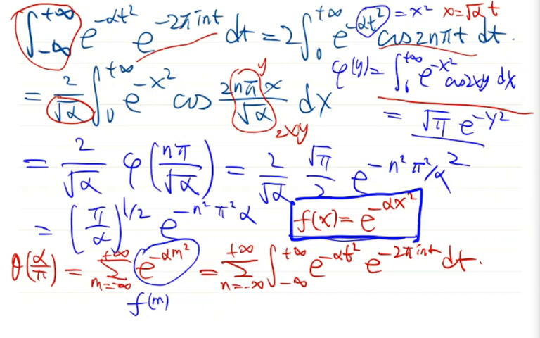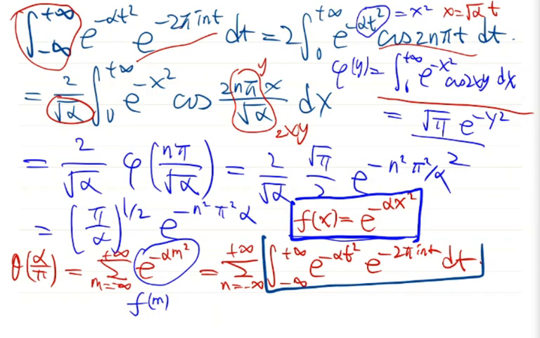Here we use Poisson summation, and the integral on the right hand side we just computed, right? In this page, we just obtained the result for this integral. So copy the result.